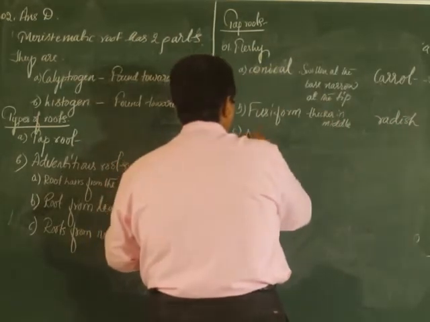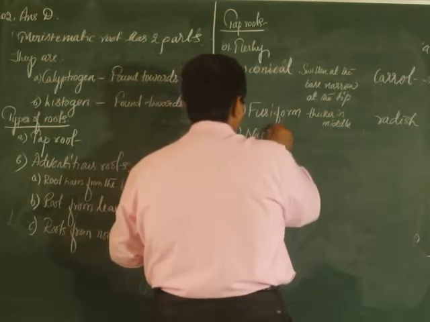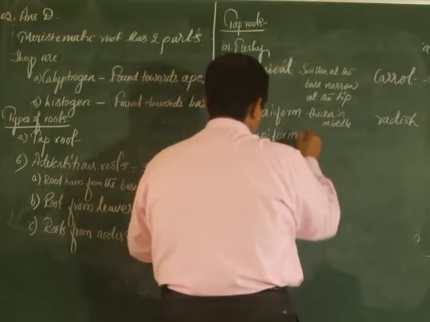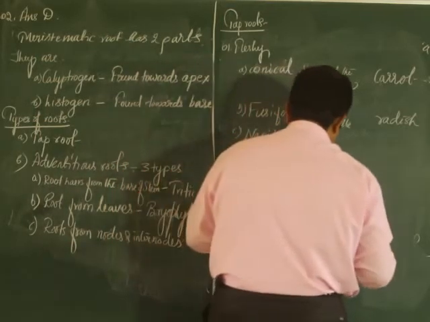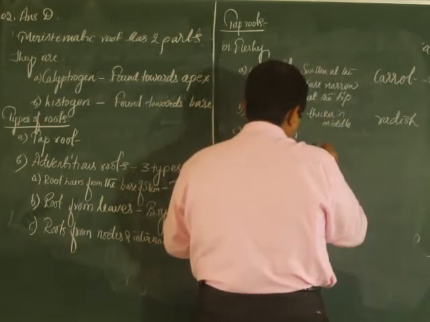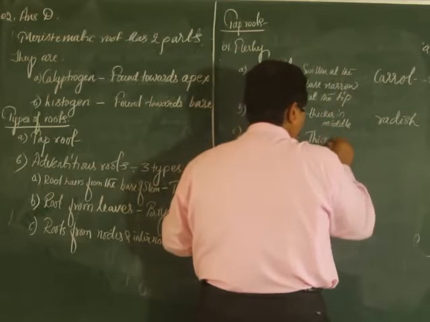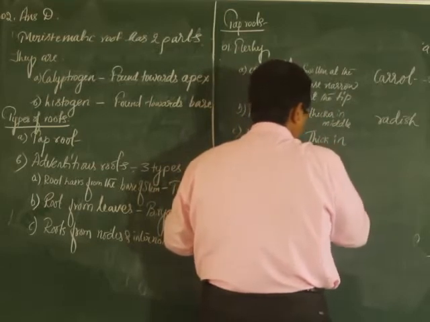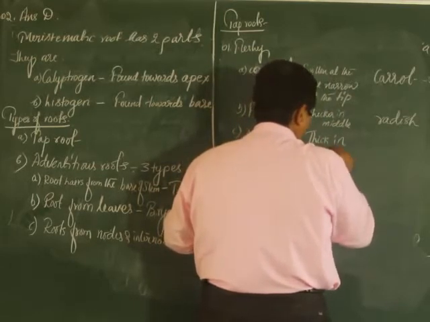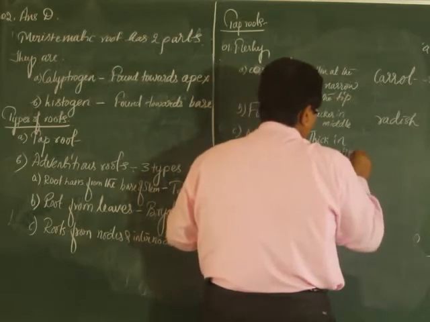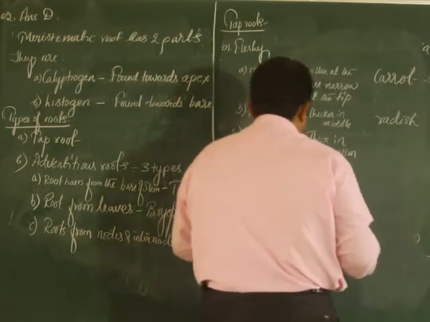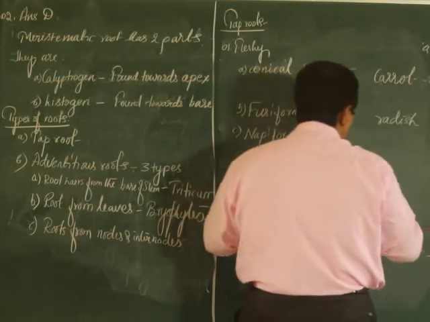Napiform root. Thick in the upper portion. Example, Brassica napus.